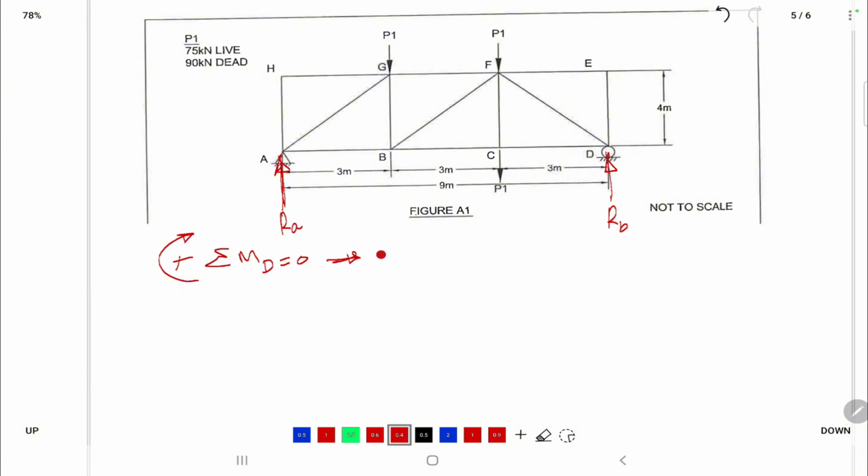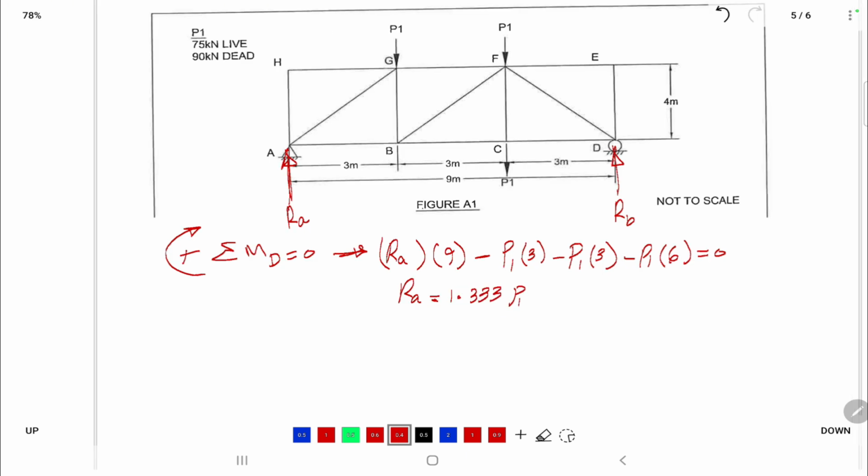So this will give us RA multiplied by 9 meters, minus P1 multiplied by 3, minus P1 multiplied by 6, equal to 0, from which we can solve to find RA equals 1.333 P1.